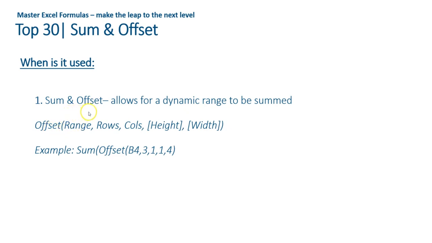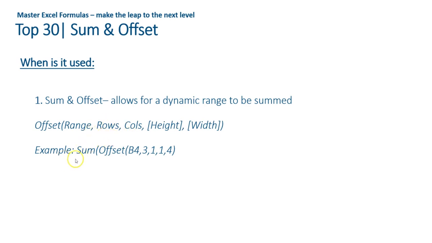Basically it allows for a dynamic range to be summed or averaged. What is the structure of sum of offset? As you can see, we need to have a range reference and then rows, columns, height and width. You will see what I mean by all these things when I give you the example.